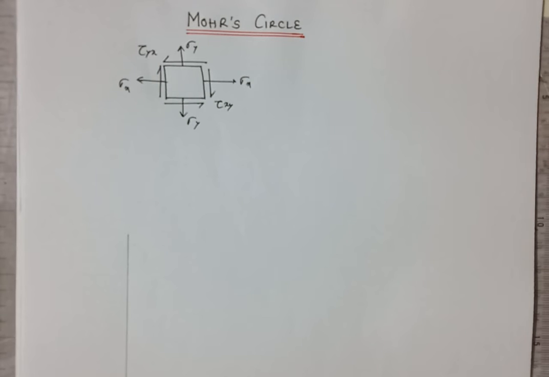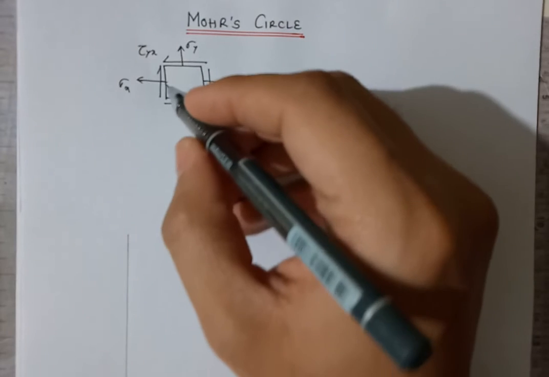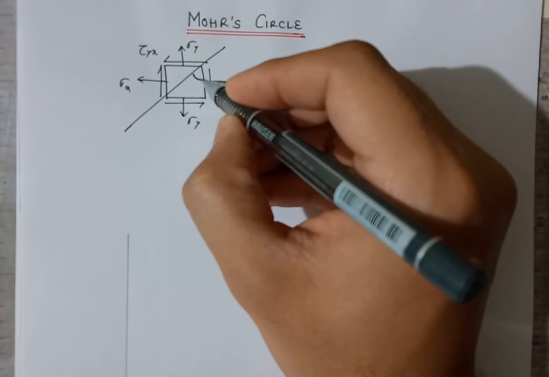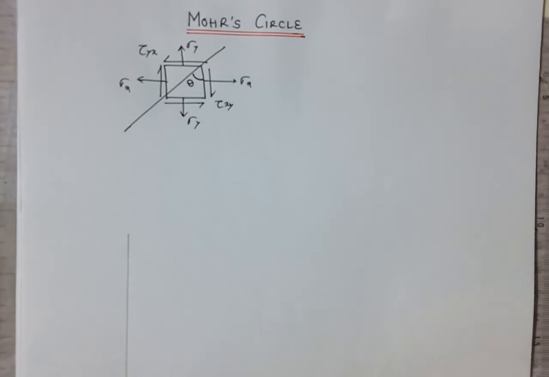First, I'll consider an oblique plane at an angle theta. Let us say the plane is here at this angle theta. So this is the biaxial element that I have considered. Now I'll be taking a reference plane.